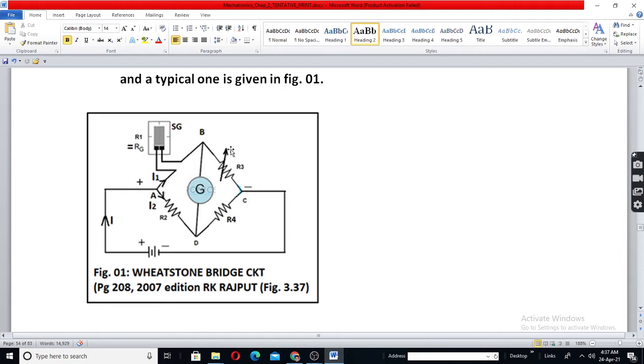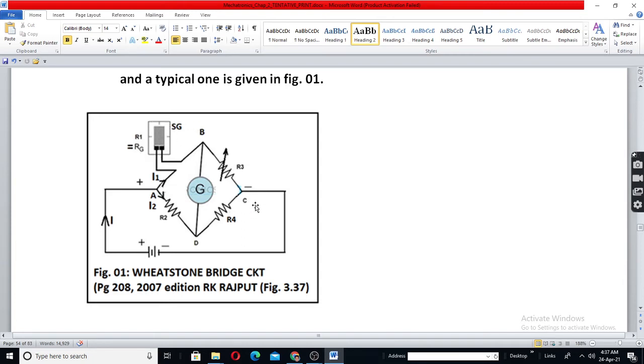You vary R3 such that it becomes 9 ohms or 11 ohms, depending on whether the deflection is positive or negative, so that you get null deflection once again. Now this change in resistance, from 10 to 9 or 10 to 11, is a change of 1 ohm. This 1 ohm is directly a measure of force.